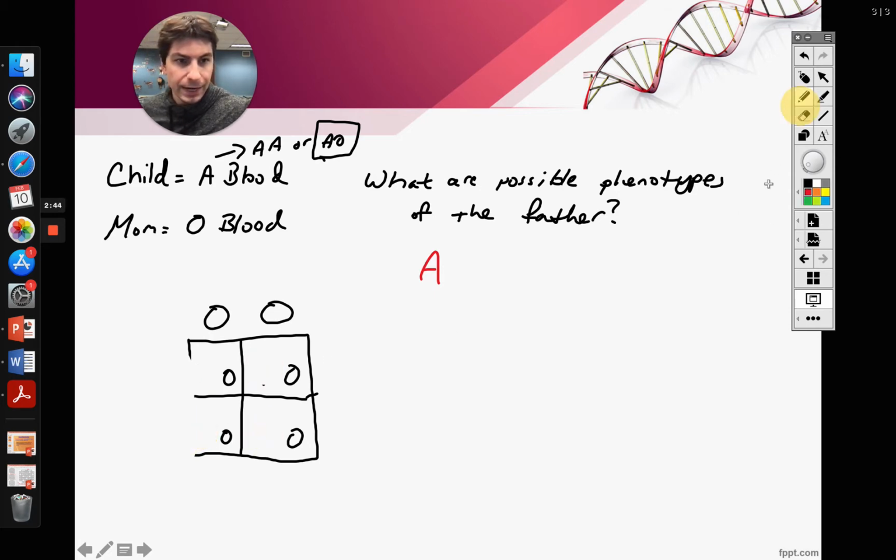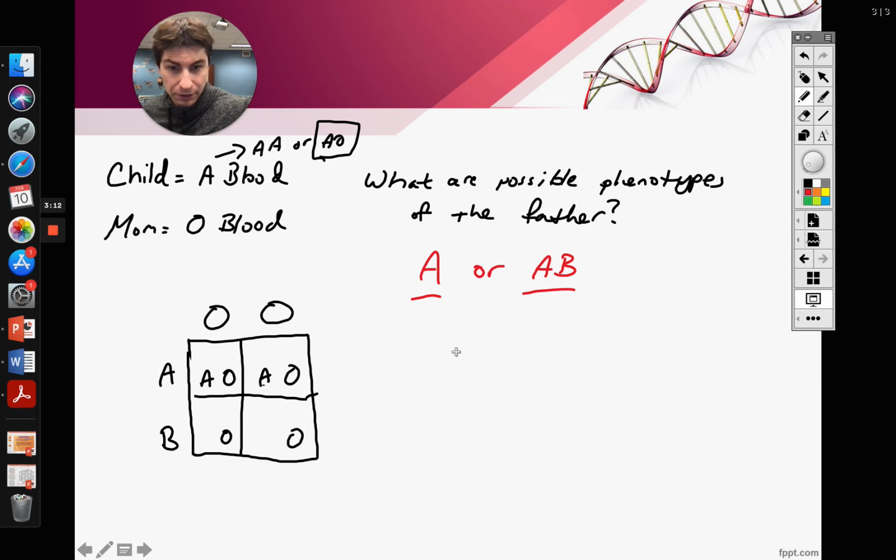Well, if the dad is B, that's not going to make any sense because we need the child to have an A, and the dad has to give it the A. So we got A. Dad can't be O because the kid would just be O. Dad could be AB would be the other one. All right, so dad could be A or AB. Those are the only two phenotypes.